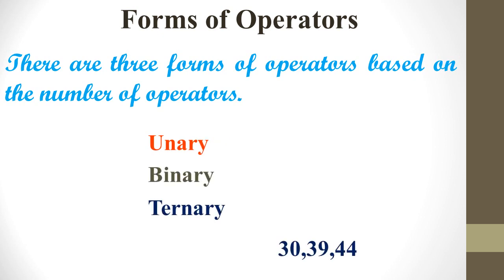If an operator takes only one operand, it is called a unary operator. If it takes two operands, it is called a binary operator. And if it takes three operands, it is called a ternary operator.